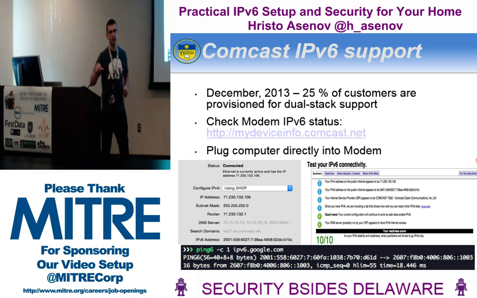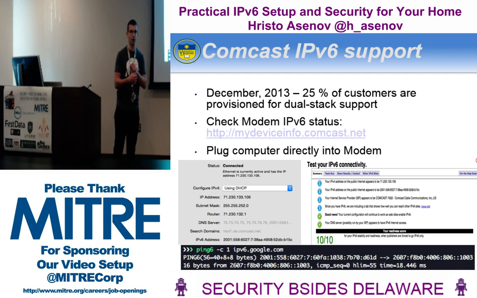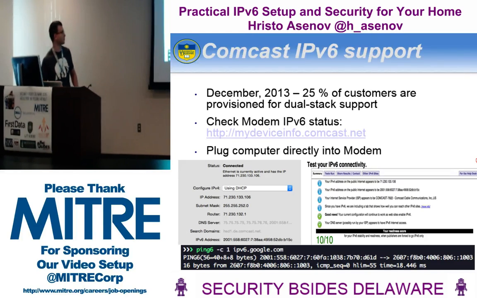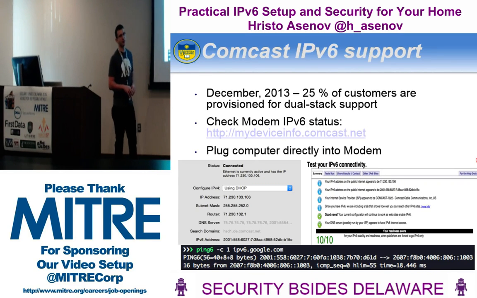If there is, you unplug your NAT box, your router, you throw it somewhere, and you connect your computer directly to your modem. If you have your V6 address, you should get a /128 address.